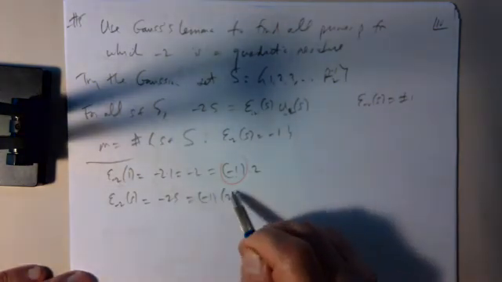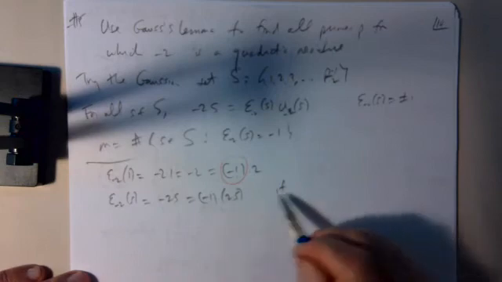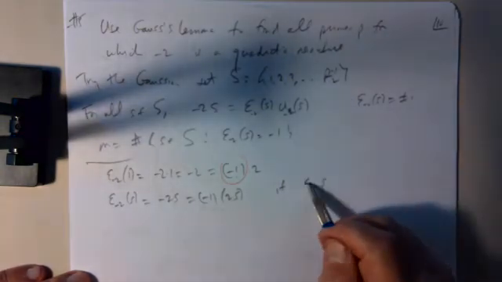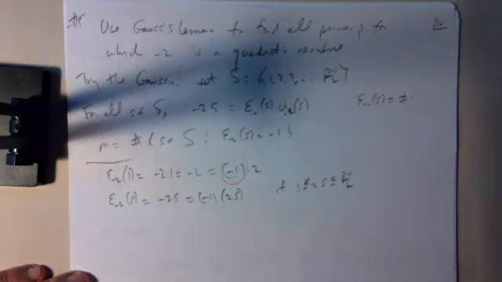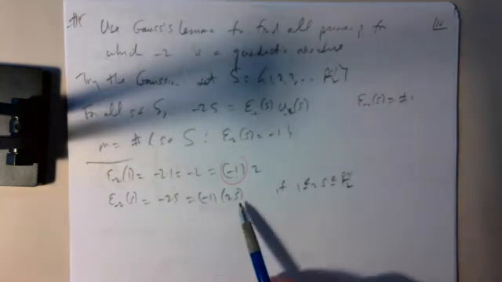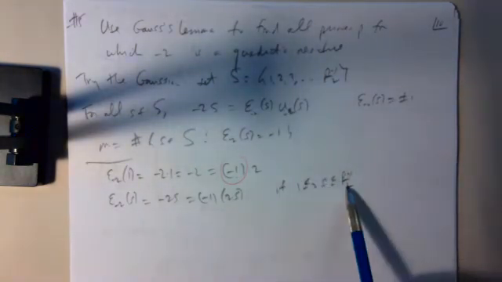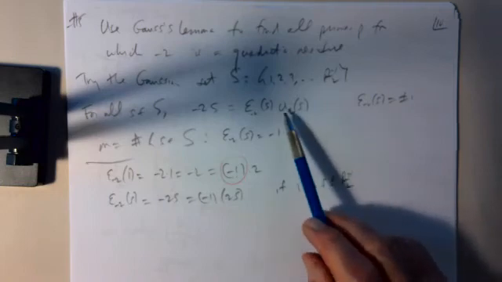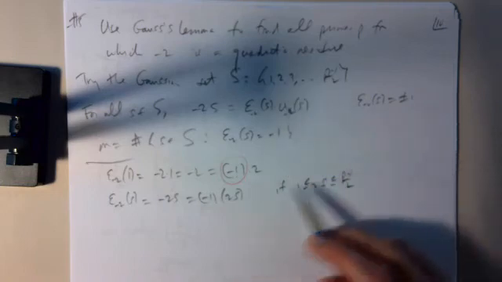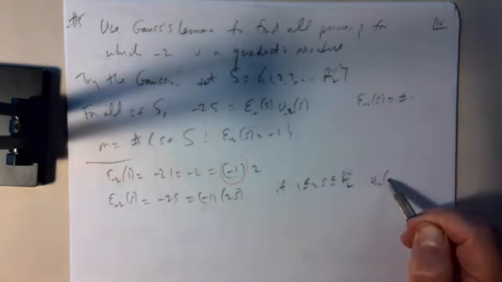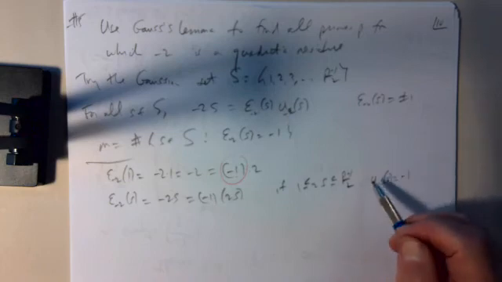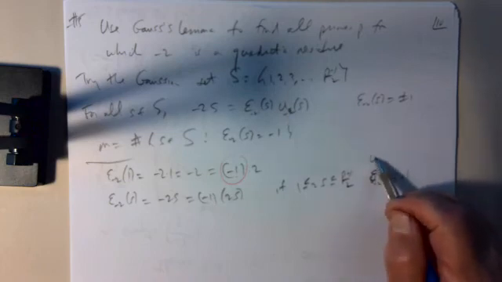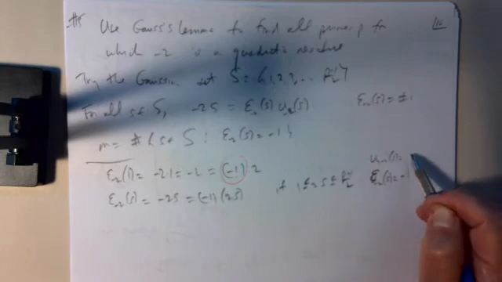This is -1 times 2s if 2s is between 1 and (p-1)/2, right? Because if 2s is between 1 and (p-1)/2, it's some element that's already in S. So in this case, epsilon -2 of s is -1, and u -2 of s is 2s.